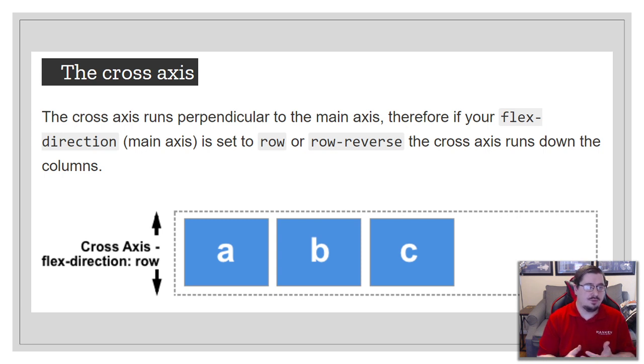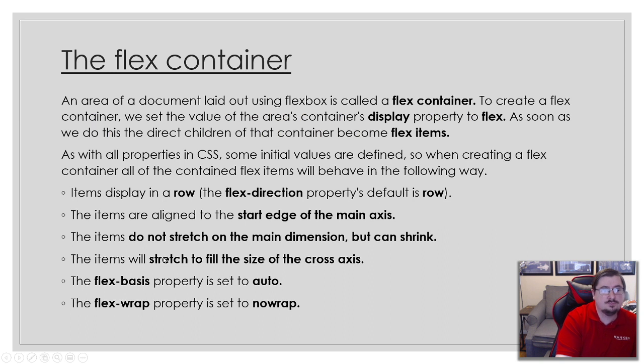So talking about the cross axis, we saw that when we had the flex direction set to row, the main axis was horizontal, and here the cross axis would be vertical. It's always perpendicular to the other axis. So a few bits of terminology.